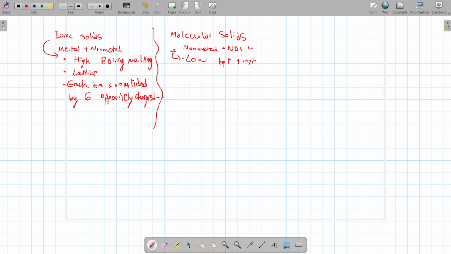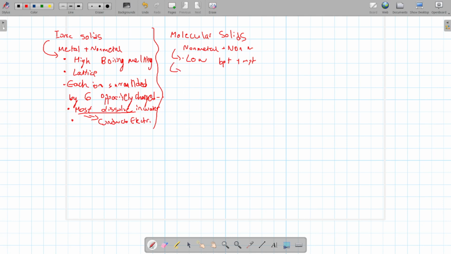Know that most ionic solids dissolve in water, and after you dissolve them in water, they conduct electricity.